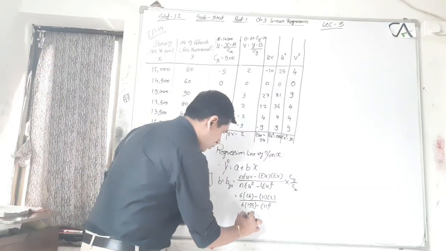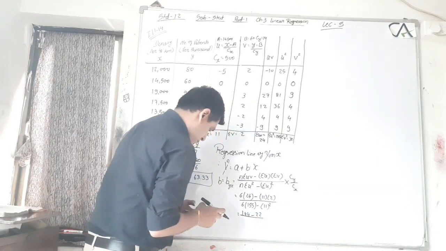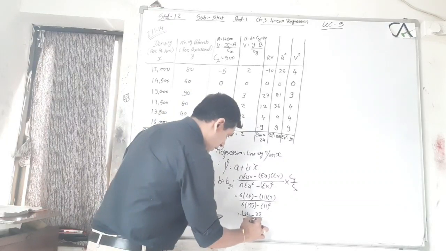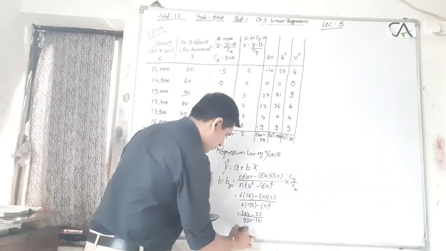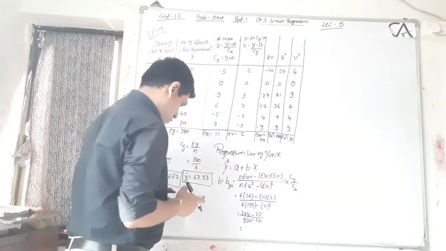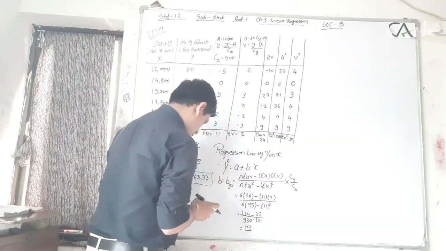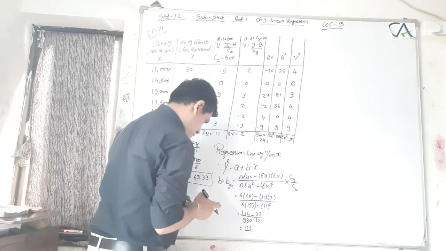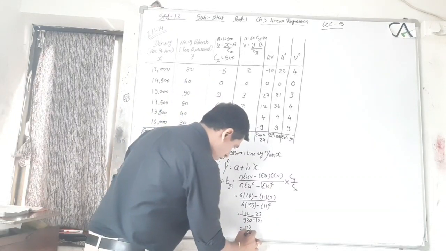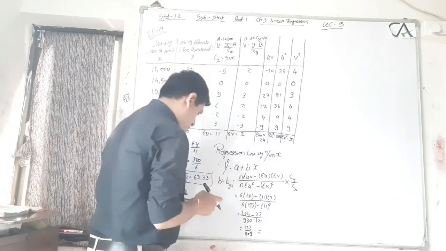144 minus 22 divided by 930 minus 121 is equal to 122 divided by 809. So your byx.